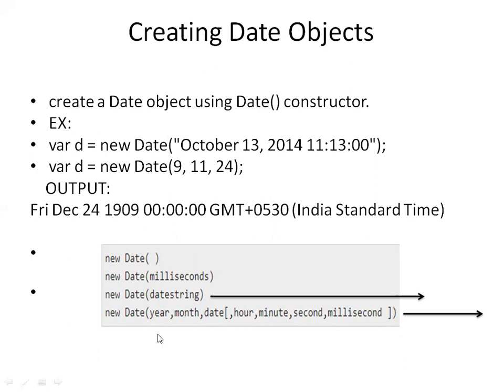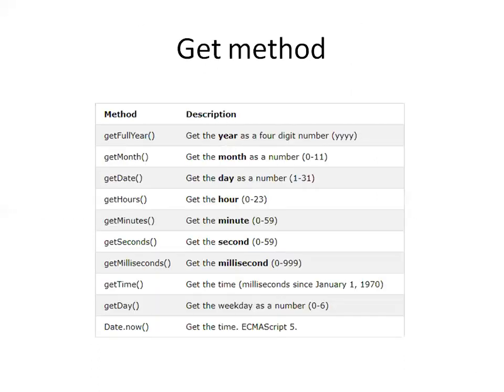So 9 is the year, 11 is the month, and 24 is the date. As we know, month 11 means December. The year 9 will be interpreted as 1909. There is no information about hour, minute, and second, therefore they are 0, 0, 0. GMT refers to Greenwich Mean Time. It is the India Standard Time.